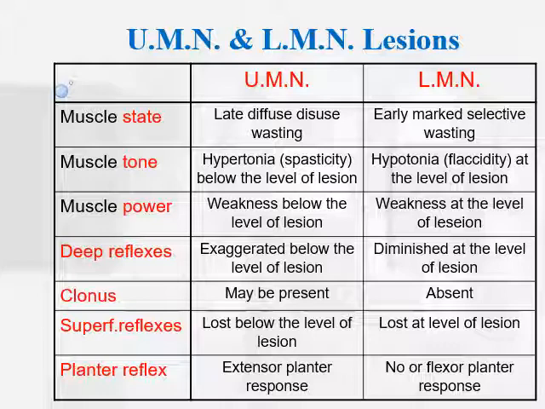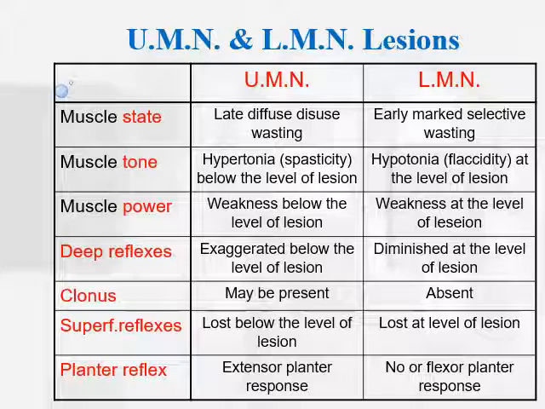As for muscle tone, in the upper motor neuron we have hypertonia or spasticity, increased tone below the level of the lesion. In the lower motor neuron, we have hypotonia or flaccidity.